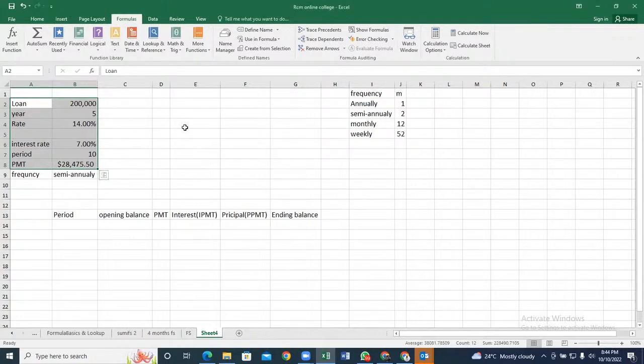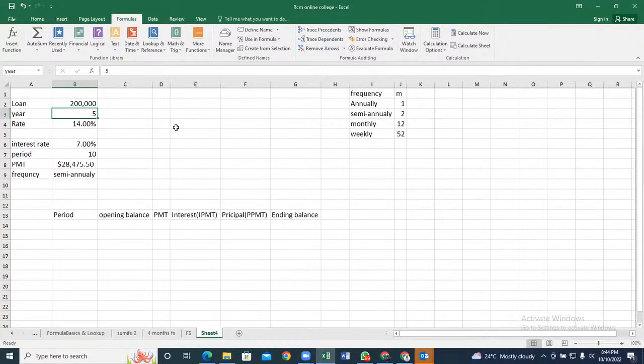We are doing that because we don't want to keep referring to cell references. We just want to know this one here is the loan amount. So we just type loan and we get the value. That's what we are trying to do.